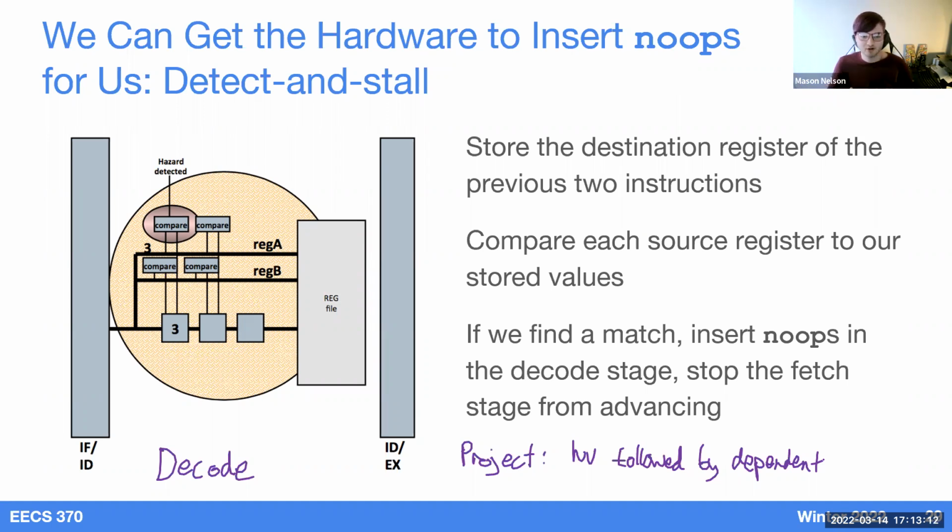With detect and stall, normally, we might just stall the NOR in the decode stage for, I think, 3 cycles and send no ops to the execute and memory stages until add writes back. But for the project, we will use a different trick to fix our data hazard. We won't have to stall NOR. But for an LW, whatever instruction comes after an LW, if it reads that same register that LW writes, we will have to stall it for exactly 1 cycle. We'll see why in a minute.